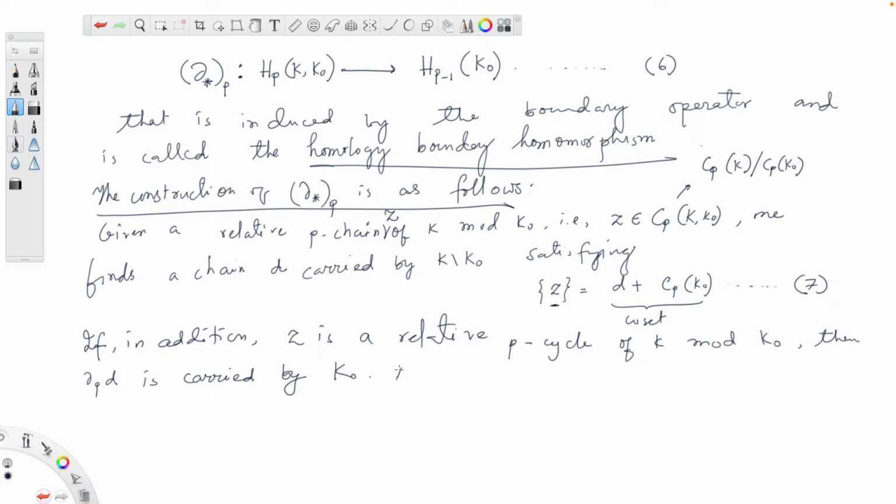Now consider the following inclusions, which are simplicial maps.